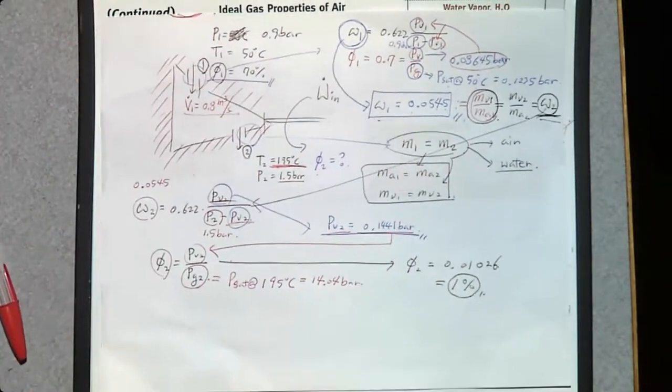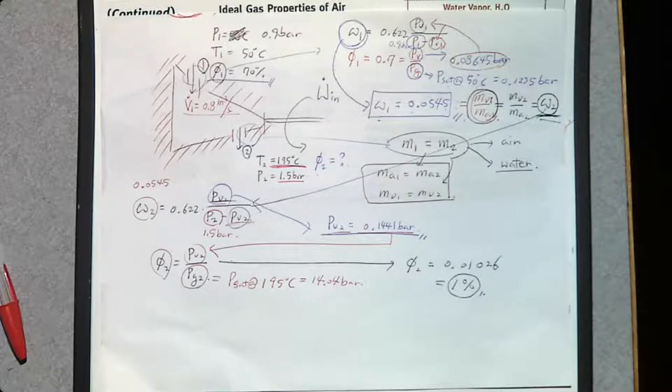That's how you can evaluate the relative humidity. As you can see, initially at the inlet, the relative humidity is 70%, which means that your water amount in the air is close to the maximum amount of water that can be in the air at that temperature.